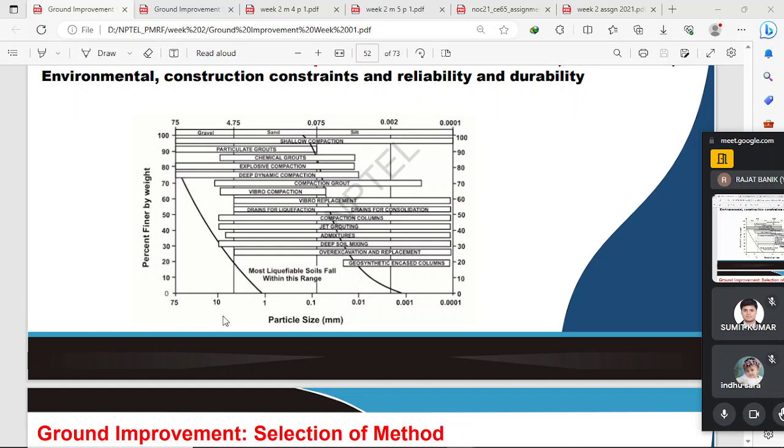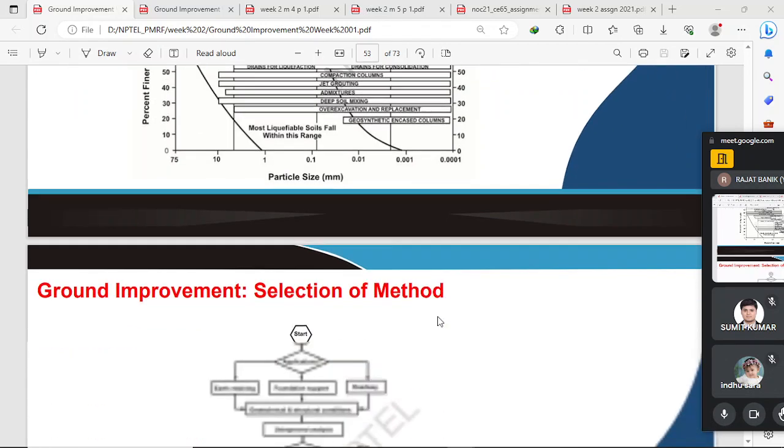It is based on the particle size distribution only. That means if the particle size is 0.1 to 10, we apply suitable techniques like shallow compaction, chemical grouting. There are also different techniques suitable for other soil particle sizes.